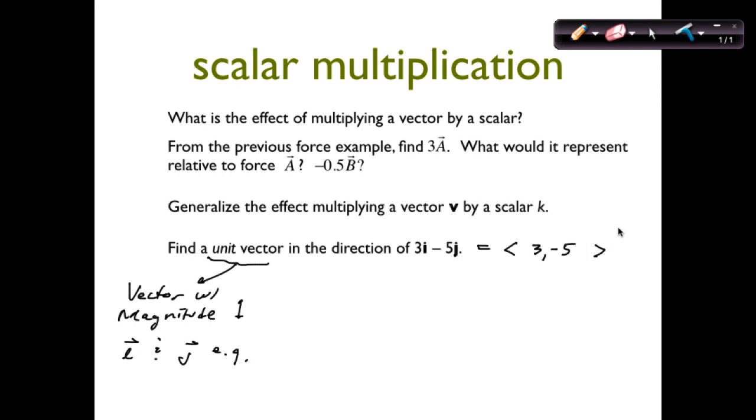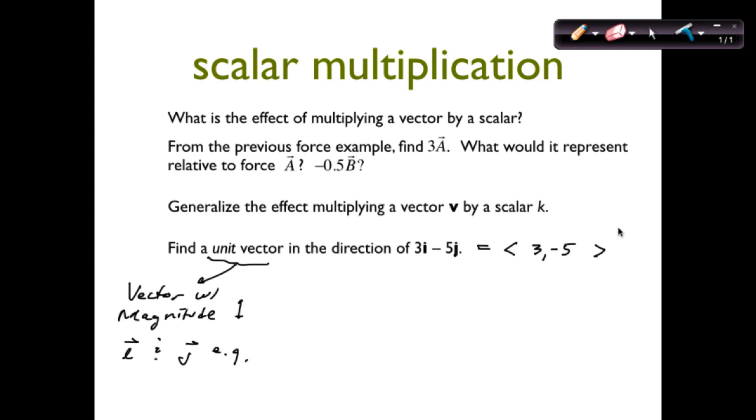How would you make the opposite direction? Would you just throw a negative in front of each number? If this vector is saying a variation of 3 in the x and a variation of negative 5 in the y, then in the opposite vector, what would the variation in x be? Negative, and the variation in y would be? Right, so changing the direction would be like scalar multiplication by negative 1. It gives you the opposite of both components.